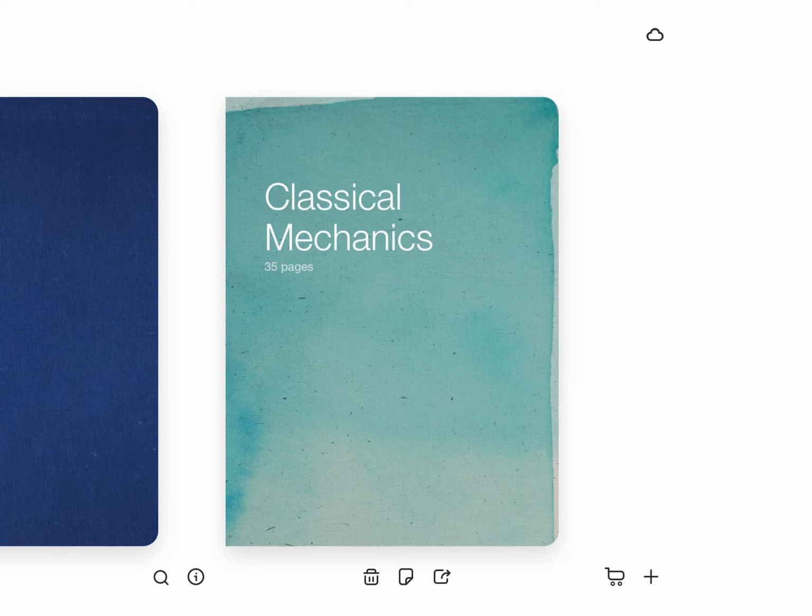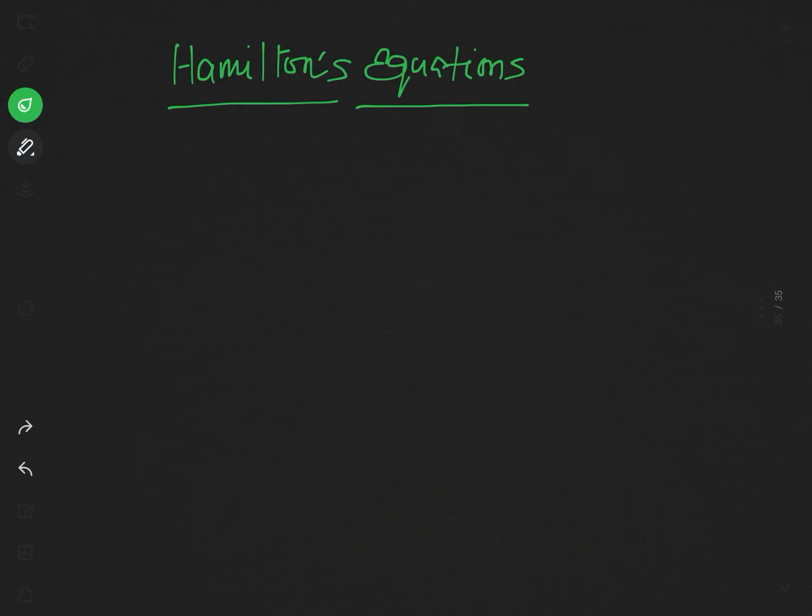In the previous lecture of Hamiltonian formulation, we have studied about phase space and the meaning of Hamiltonian function. Now we will discuss the most important concept of this topic, which is Hamilton's canonical equations.